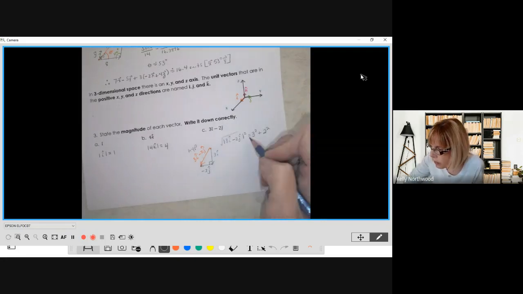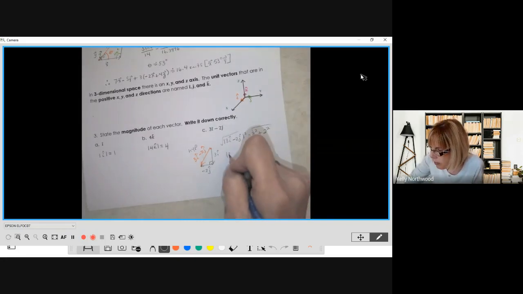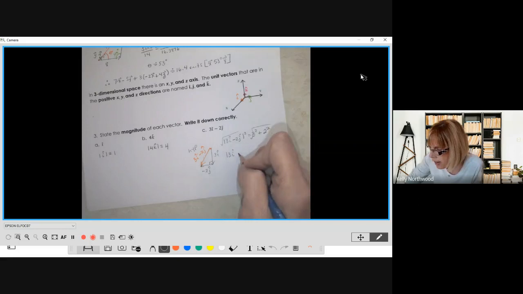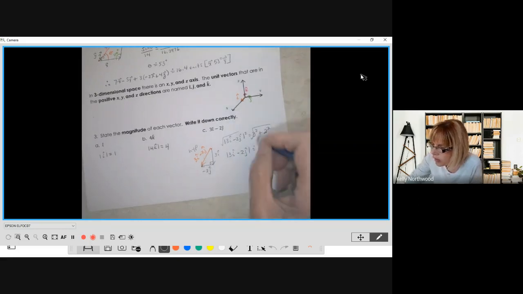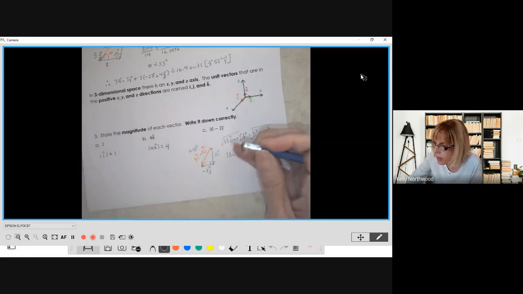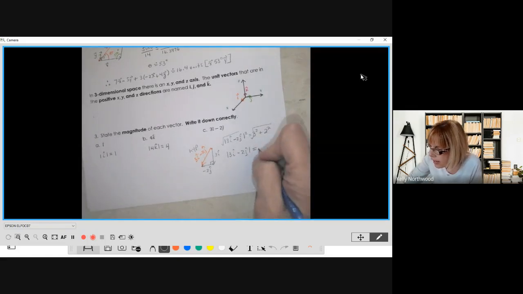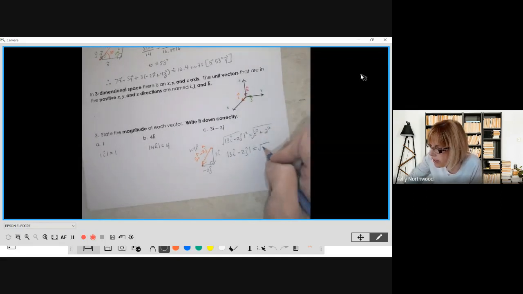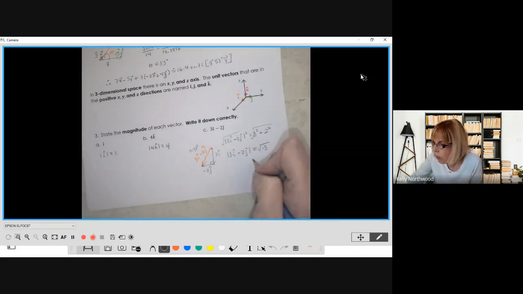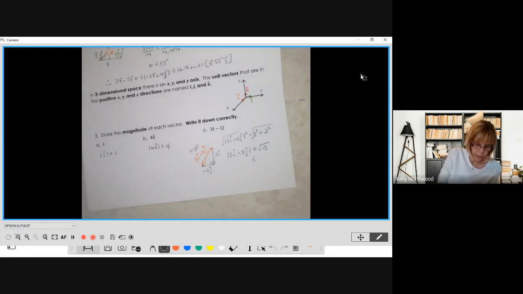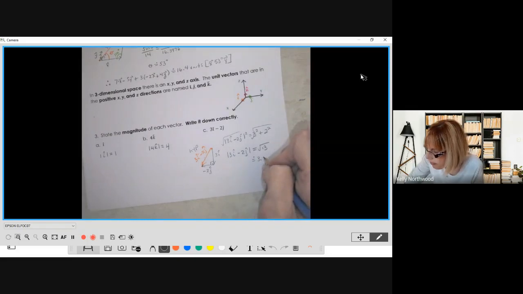And if I square root both sides, the magnitude of 3i hat minus 2j hat is going to be, well, we could do it exactly and leave it as a square root. It's exactly the root of 13, or approximately 3.6.